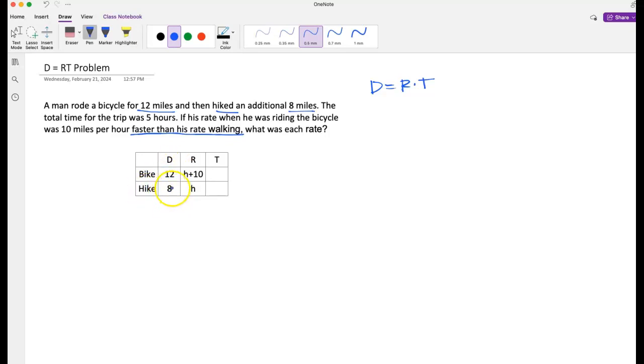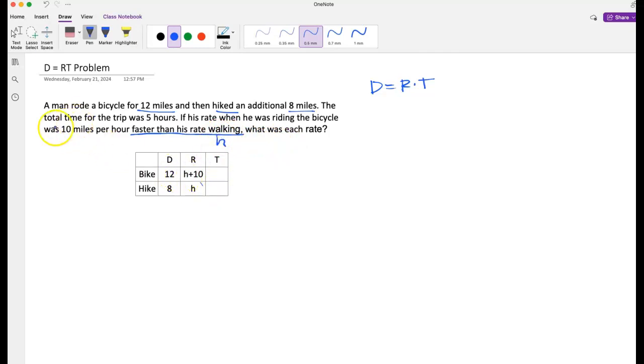And then the rate, all we're told about with the rate is that he is going 10 miles an hour faster than his rate walking. So we don't know his rate walking or hiking, right? And so I make that H. I'm just going to make that his rate walking.